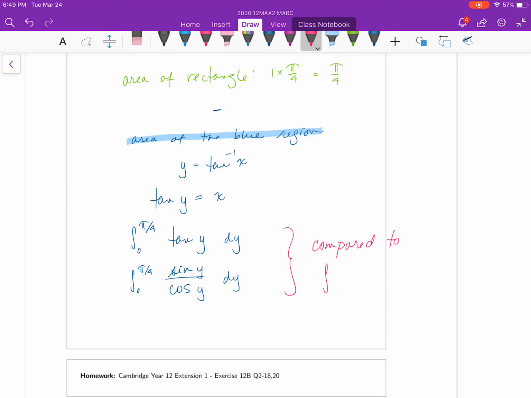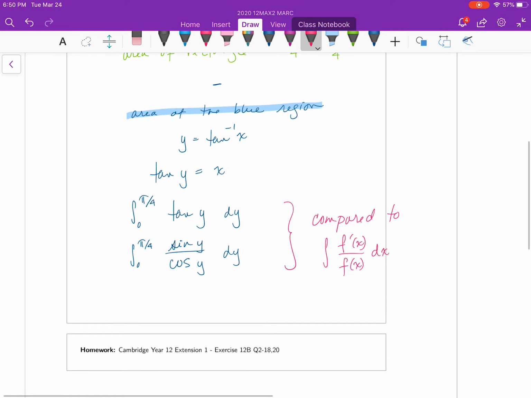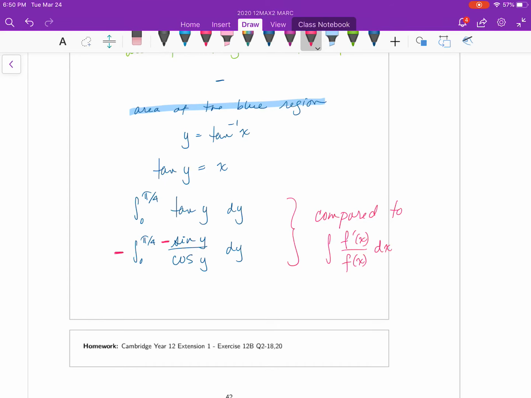It might pop out at me that I'm working with the f dash of x on top of f of x. And once I recognize that, I realize the derivative of the denominator is negative sine. So I can make that negative sine as long as I also have a negative out front.